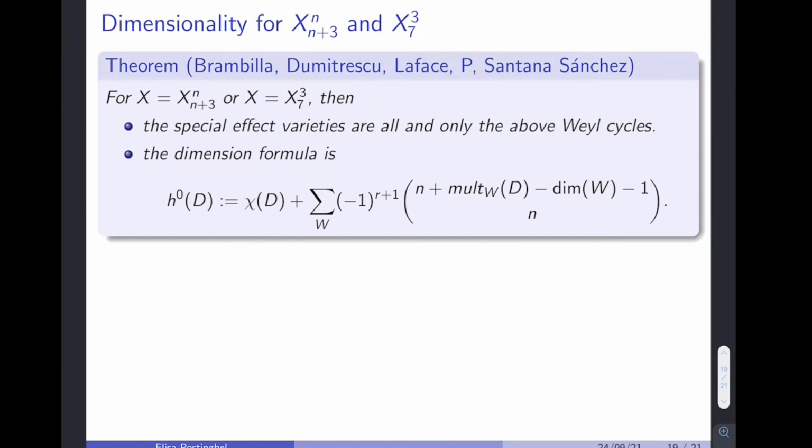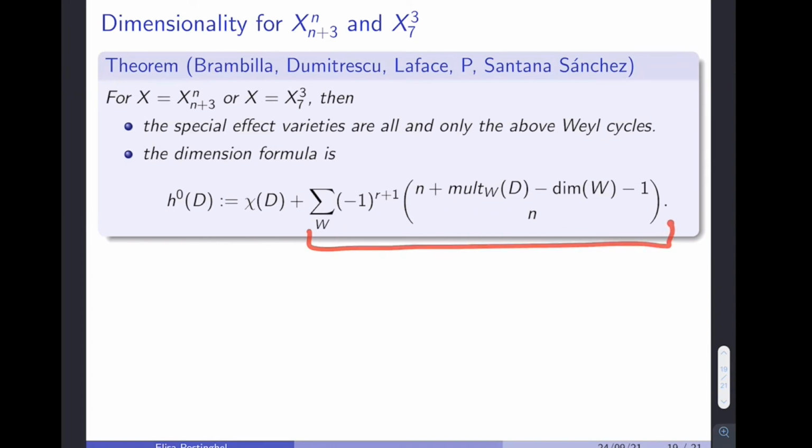So for Pn blown up at n plus 3 points and for P3 blown up at 7 points, we show that special effect varieties, so varieties responsible for the speciality of a given system, are all and only the above Weyl cycles, the ones I've listed in the previous slides. And they contribute to the dimension formula in this way.